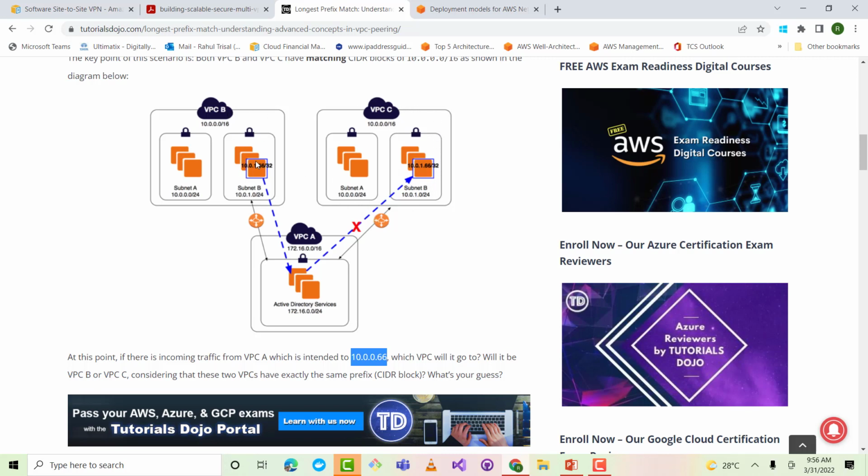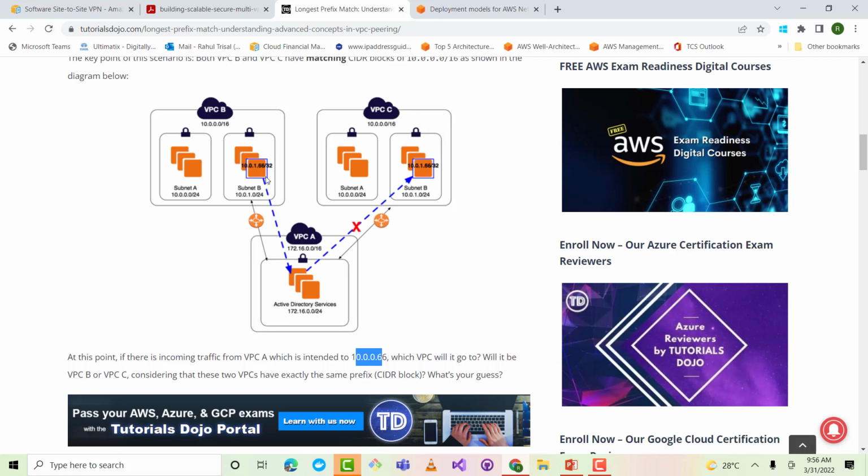So in VPC B you have the route table entry for the subnet within which this 10.0.0.66 falls. But for VPC C, you have an entry for the entire VPC CIDR block.